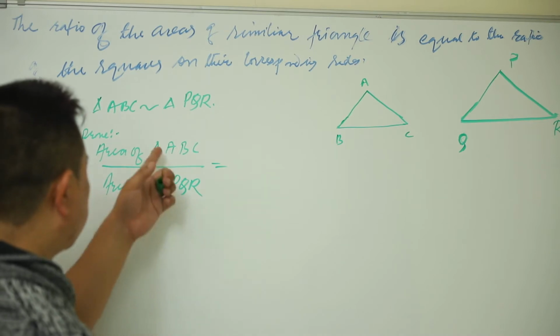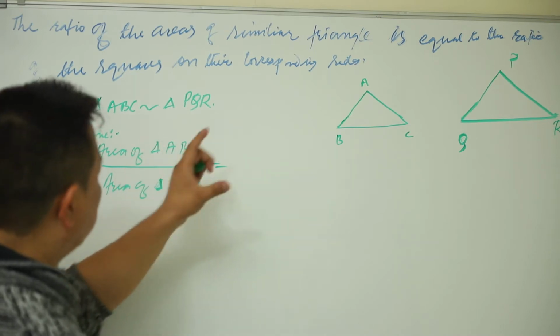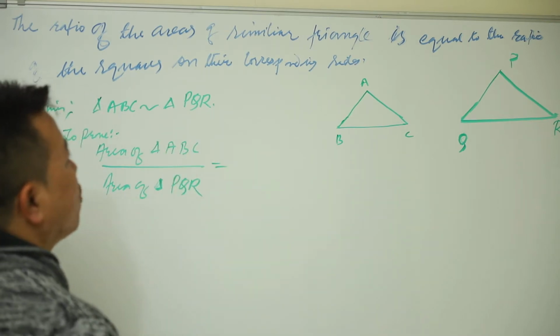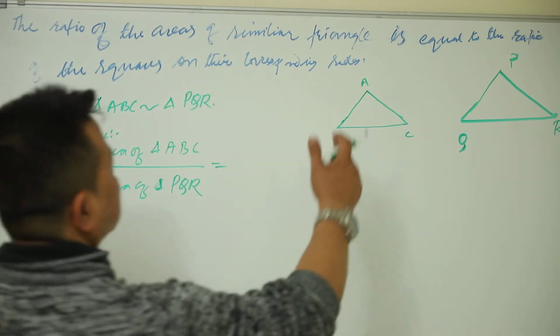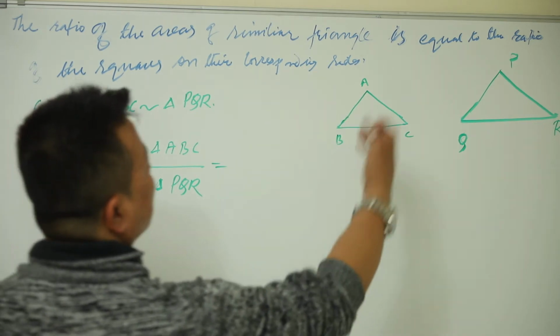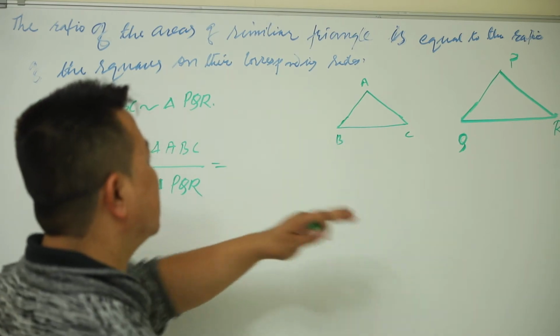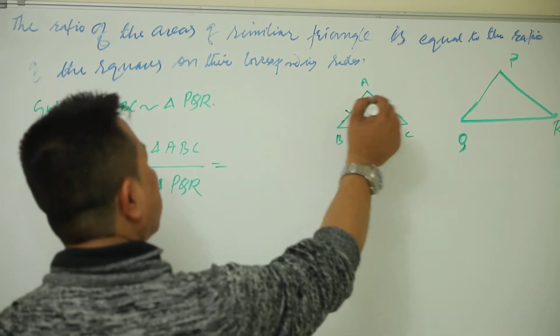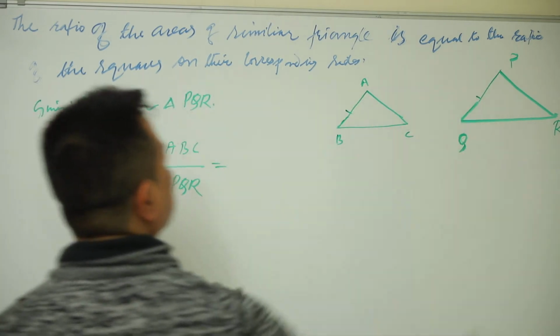The ratio of the areas of these similar triangles is equal to the ratio of the squares on their corresponding sides. What are the corresponding sides? The corresponding side of AB is PQ.